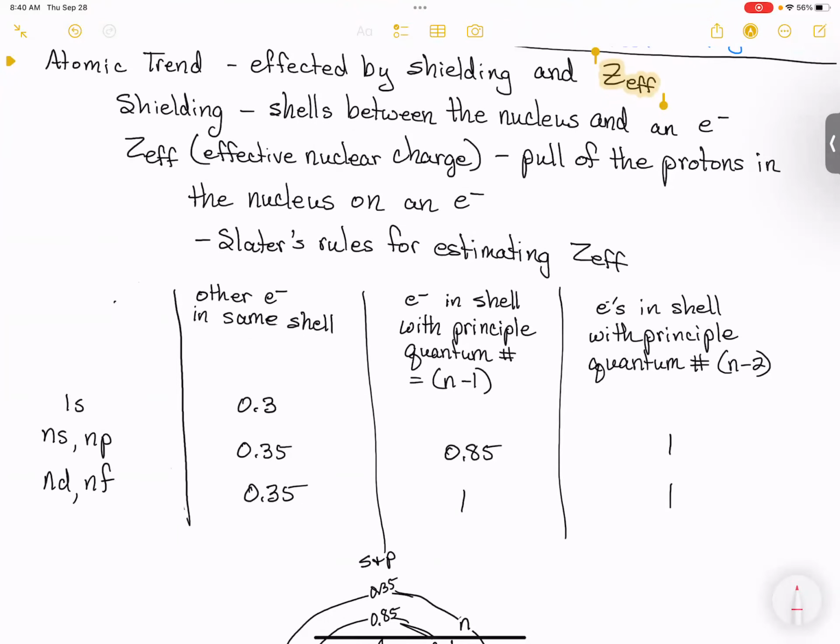And to really understand that, we have to understand two concepts. The first is shielding.